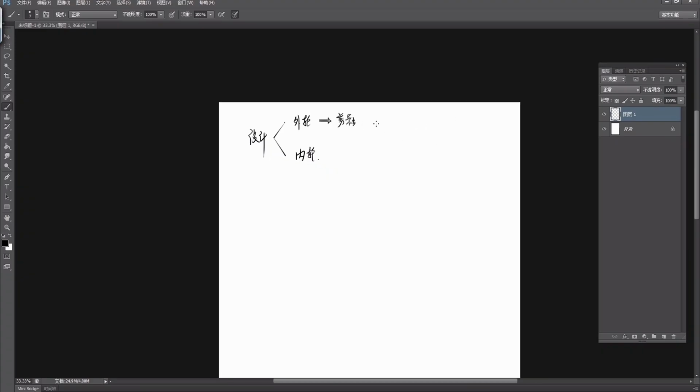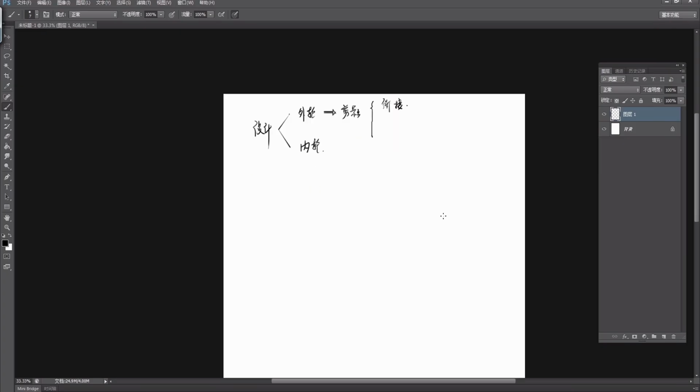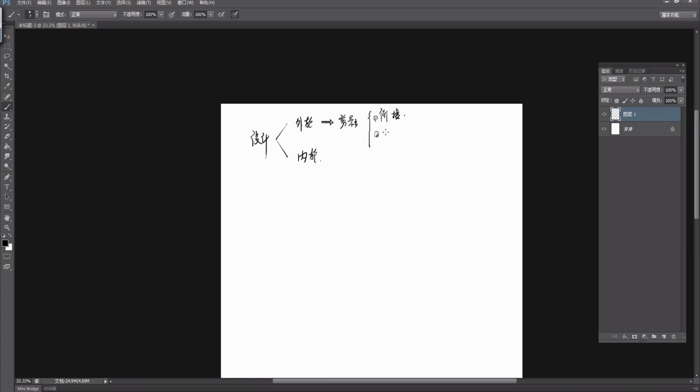Let's think further. What affects the silhouette? There are three factors affecting the silhouette. This is the first one. You may not know it and may even never have heard about it. It's the convergence. The second one is rhythm.